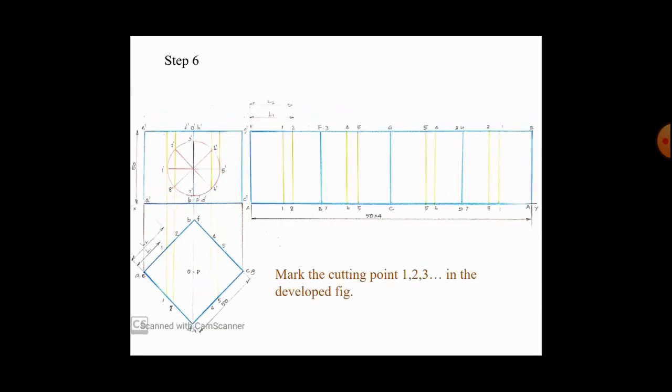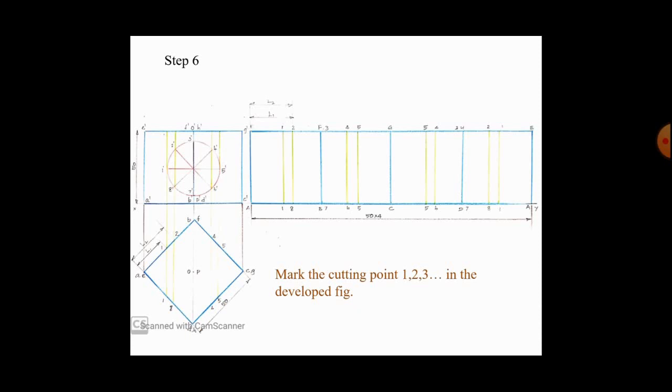Now in the next step, in order to get these points 1, 2, etc. up to 8 in the development of the cube, you have to follow these steps. You measure the distance to the point 1 from A in the top view. I am marking it as L1 and mark that distance correspondingly in the development from the point A. So you get the point 1, you draw a line, so that is the line of 1, 1.